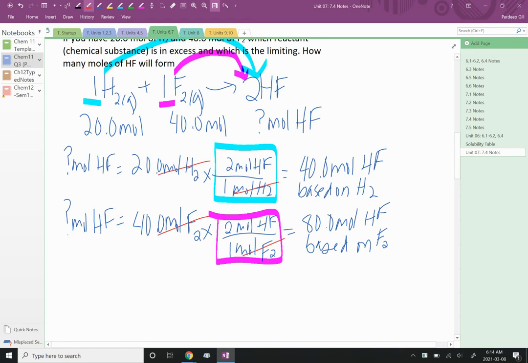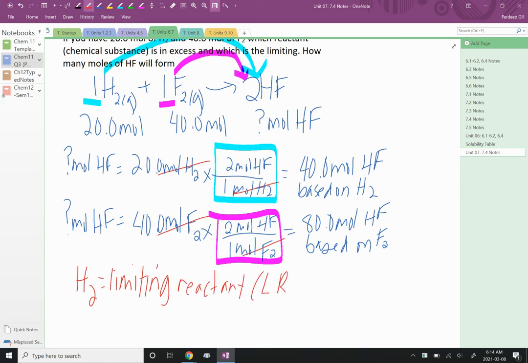So H2 is the limiting reactant, or LR, and therefore 40 moles of HF are produced.